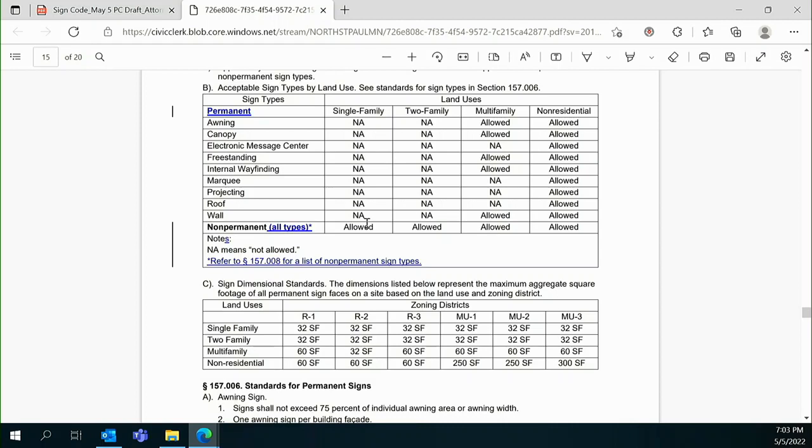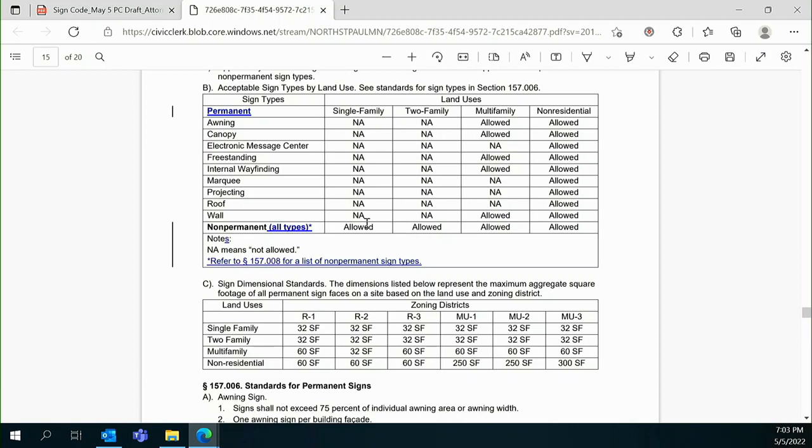Yeah. Well, it might make it easier, I think it's just easier to read. But I still think the bigger thing for me is the permanent versus non-permanent, to really make it quite clear that a single-family use is 0 permanent and 32 square feet non-permanent. Yes. It doesn't matter what zoning district it's in.